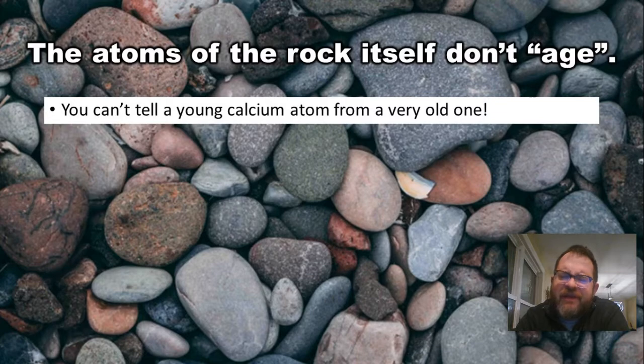Figuring out how to date something like a rock is actually not terribly easy, because atoms don't age. It isn't like a young calcium atom looks different from a very old one. These rocks you see in the background are made up of lots of different kinds of atoms, and they're all very old.